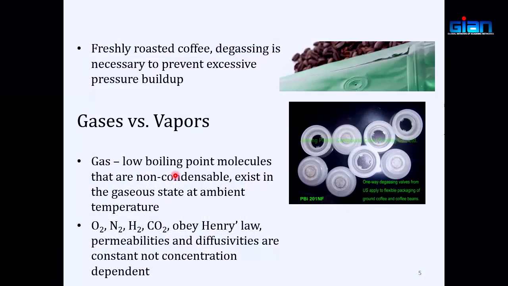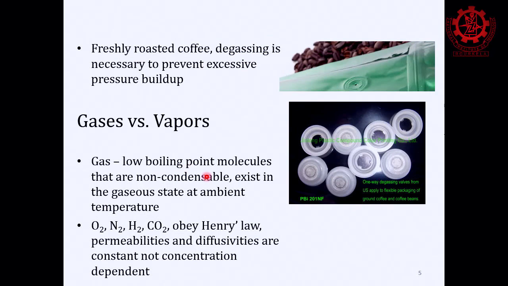Just water, not anything else? So at normal conditions, vapors are condensable. It could come from organic solvents as well, but at normal pressure, these gases are not condensable. Of course, under extremely high pressure, you can condense them, but at normal atmospheric pressure, these are not condensable. So these are the gases, and vapors are condensable.